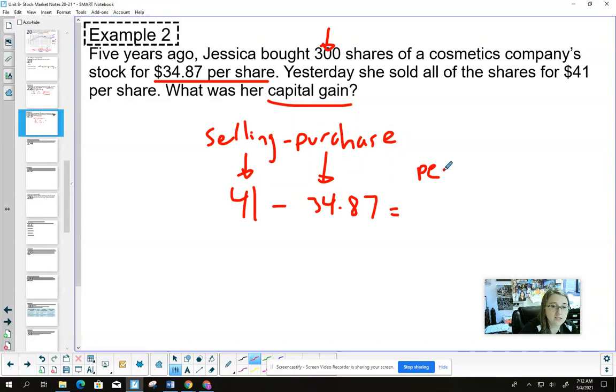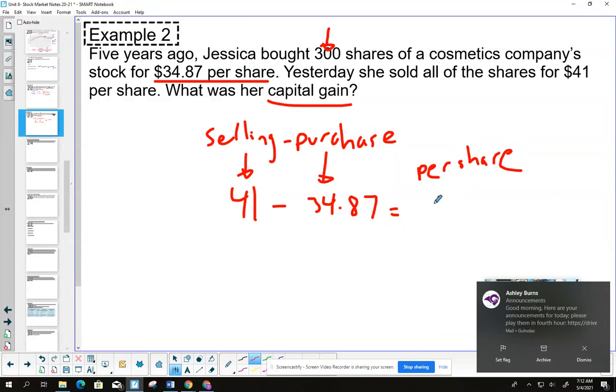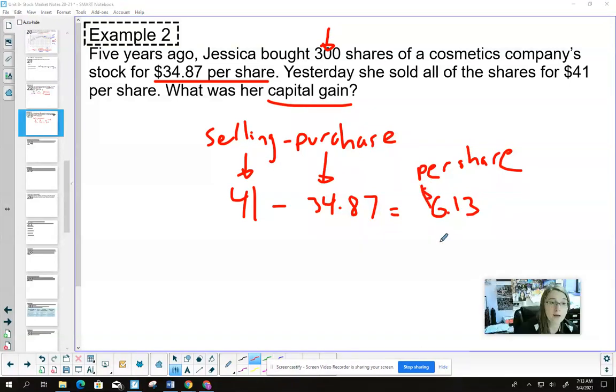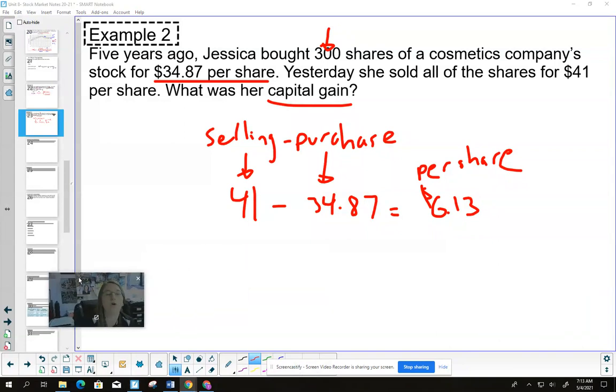Now, this is going to be the per share capital gain, but she has more than one share. So 41 minus 34.87 is $6.13 per share. But there are 300 shares. So what should we do here to find the total capital gain for all of these shares?